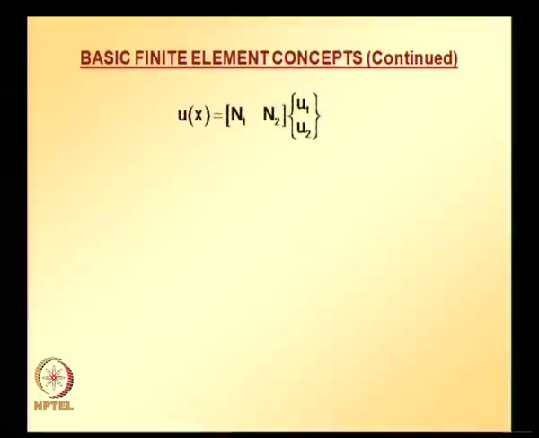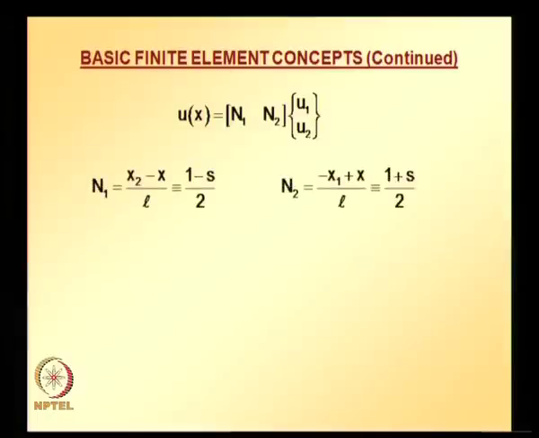And now the trial solution N1 u1 plus N2 u2 can be put in a matrix and vector form like this. You know from the previous lecture that N1 is nothing but x2 minus x over L for a 2 node element.